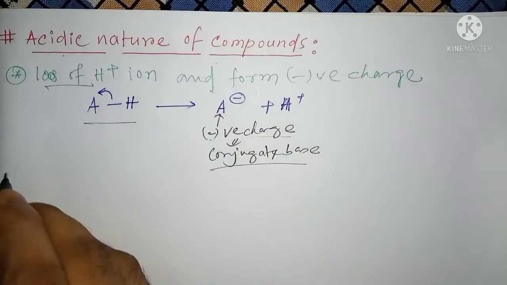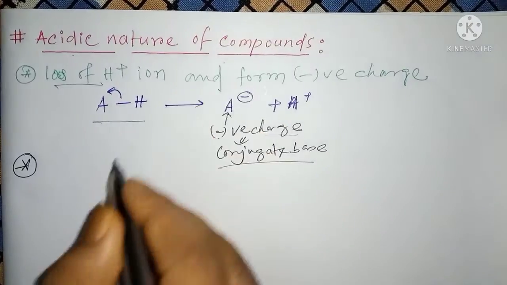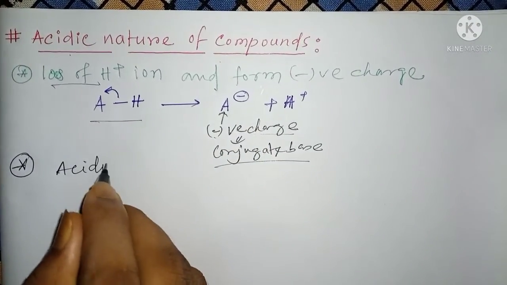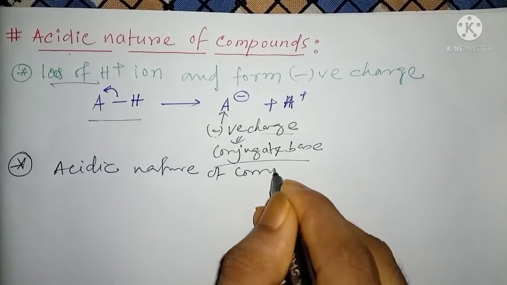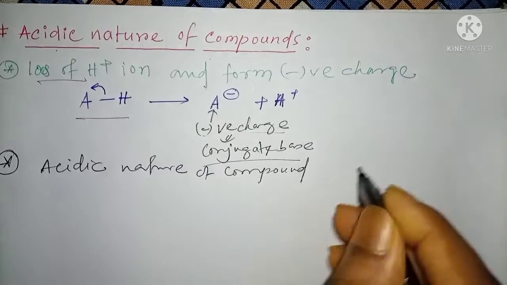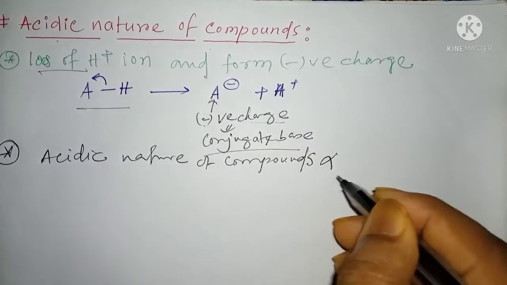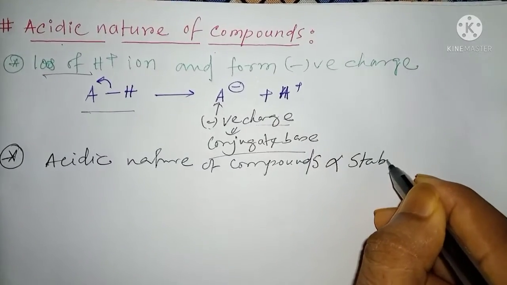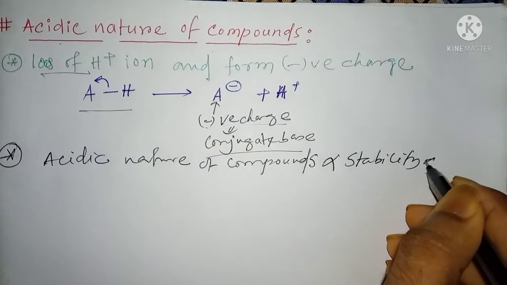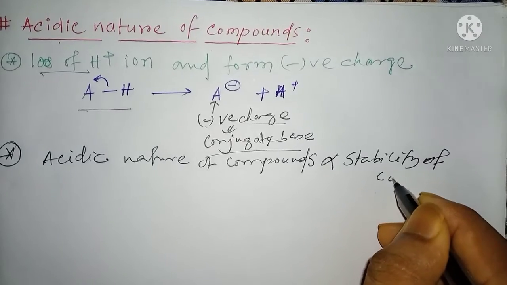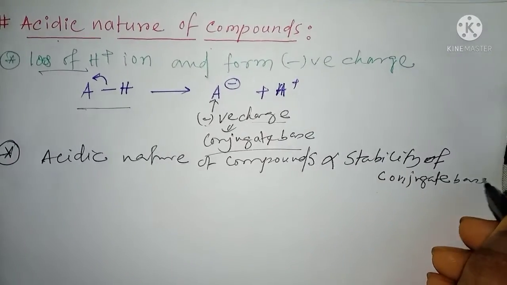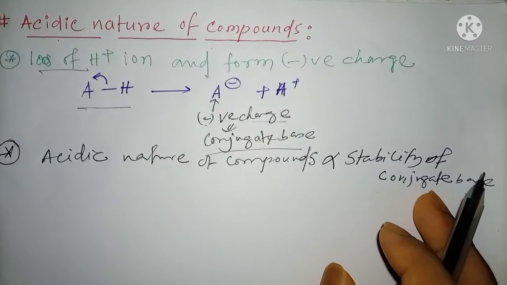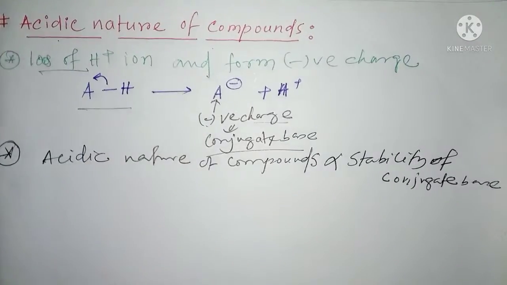Now the acidic nature of compounds is proportional to the stability of the conjugate base. That means if conjugate base stability increases, acidity increases.